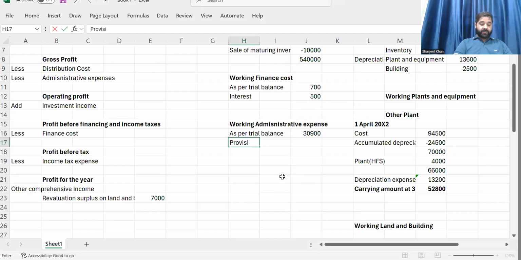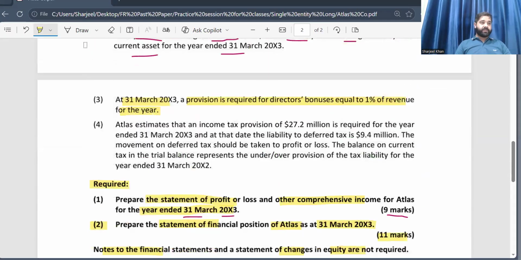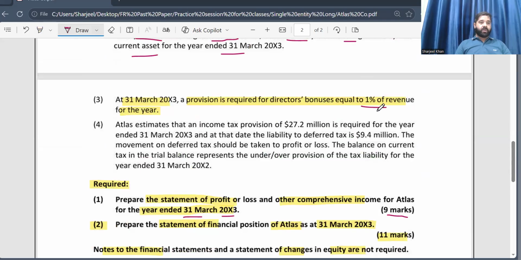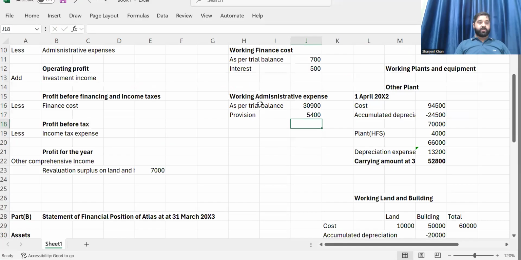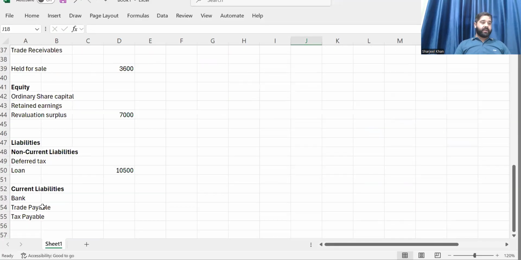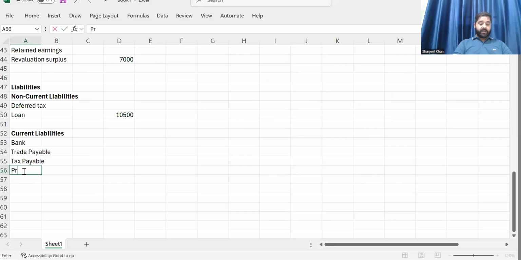Now provision will be 1% of the revenue. So 540,000 is the revenue multiplied by 1%, right? So provision expense debit and the provision liability will be credited.